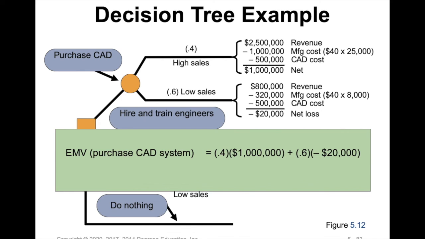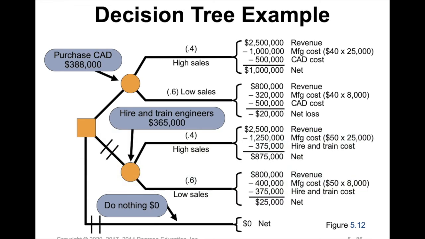So EMV of purchase CAD system equals 40% times 1 million plus 60% times negative 20,000. So you get the result of, kalau purchase CAD, 388,000. So you just slash the other roads lah, other decision tree.